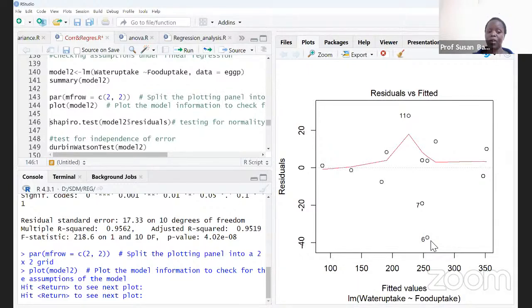So in the console, it says return for the next plot. The next plot is a QQ residual plot. Has everybody gotten the QQ residual plot? Okay, let me check in the chat.